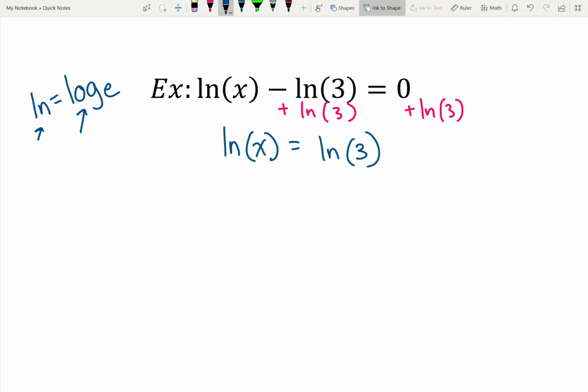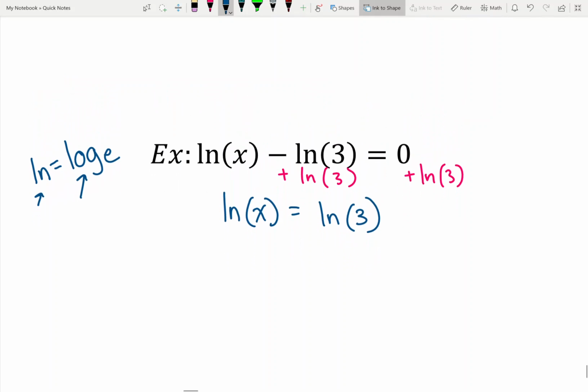So in order to undo that log base e, I have to raise both sides by e, or put them in the exponent of e. Right? So if I put both sides in the exponent of e, then these two bases cancel each other out, and these two bases cancel each other out, and I get x equaling 3.